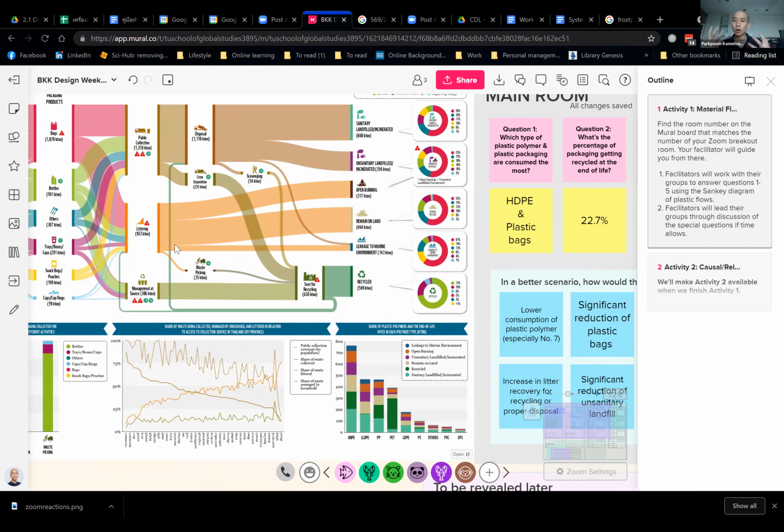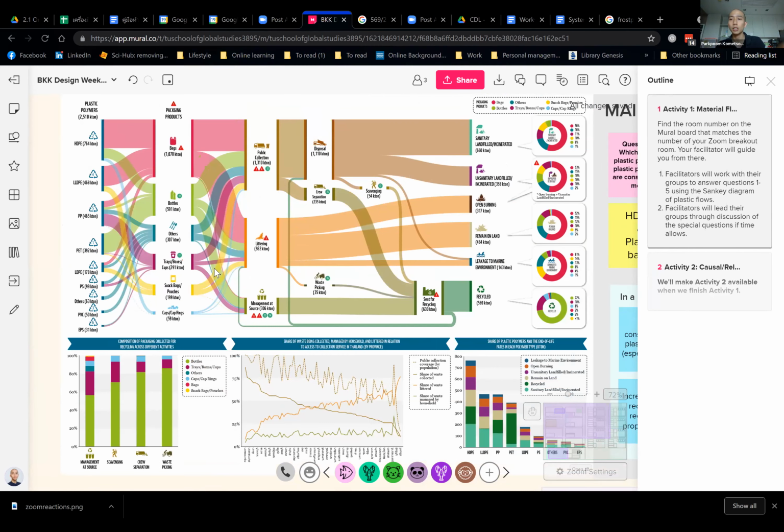This kind of discussion lets you think about what the new flow should look like, or even the plastic packaging consumption, should it be decreased a lot? Should we prioritize decreasing some product, for example the plastic bag, and how would this flow look in a new ideal, better state?